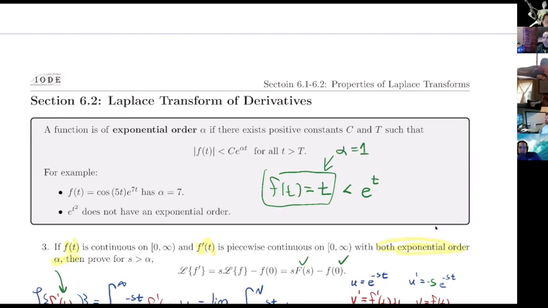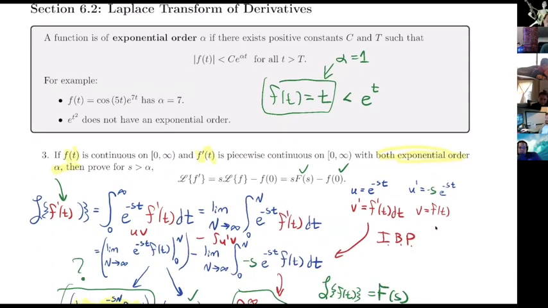Gotcha. Yeah, and like I said, not all functions have this property. So this result over here only applies to functions like this. We can't use it on functions like this. And then, yeah, go.